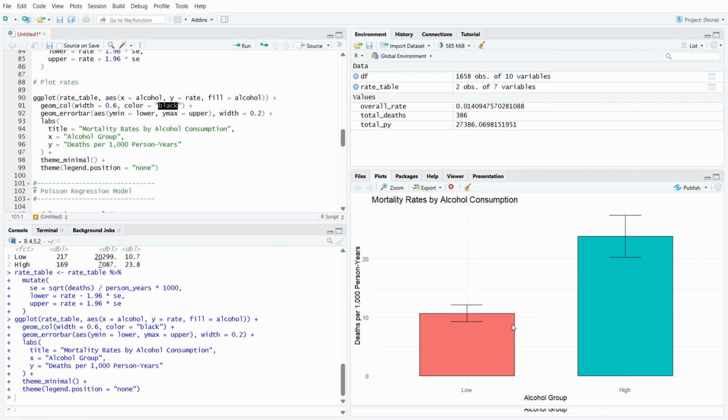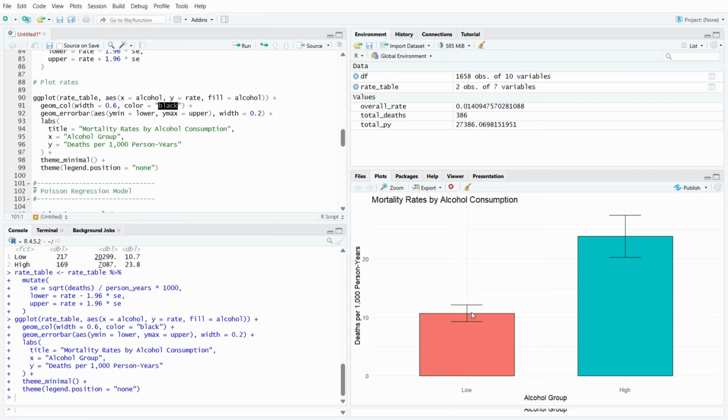The bar for the high alcohol group is substantially taller, more than double the low group. This visually reinforces what we saw in the table. People in the high alcohol group are experiencing much higher mortality rates. Each bar includes error bars, which represent uncertainty around the estimate, typically 95% confidence intervals.